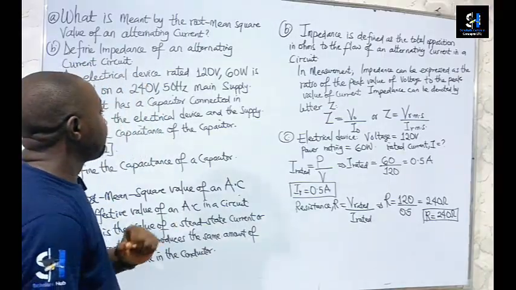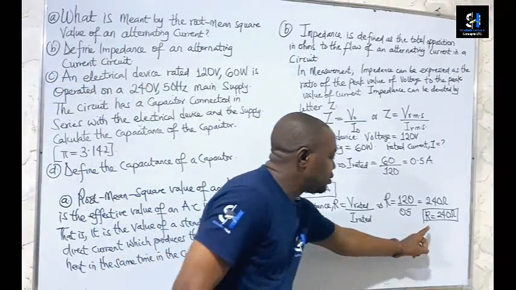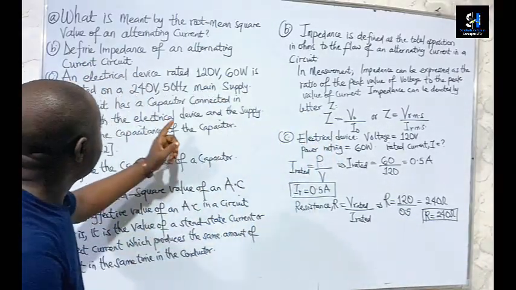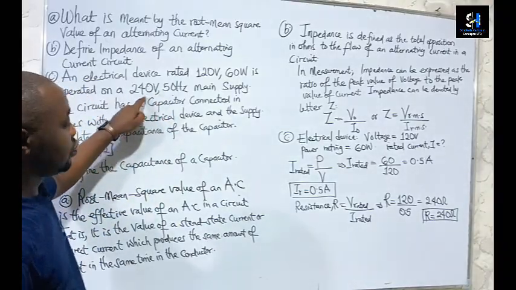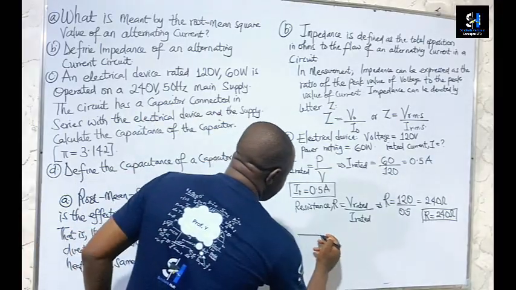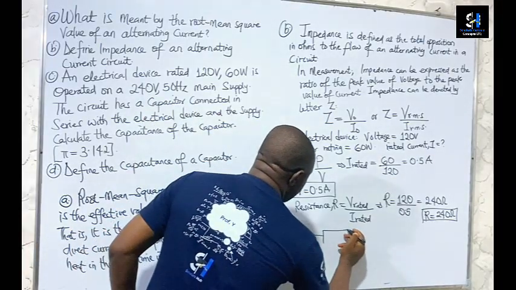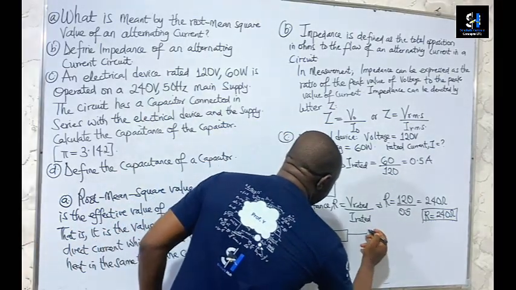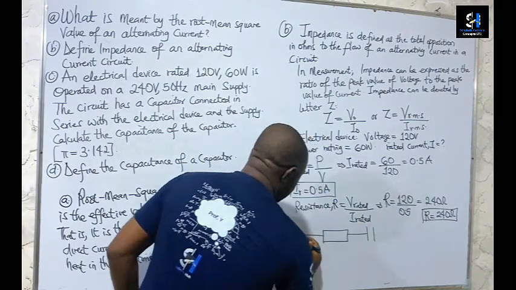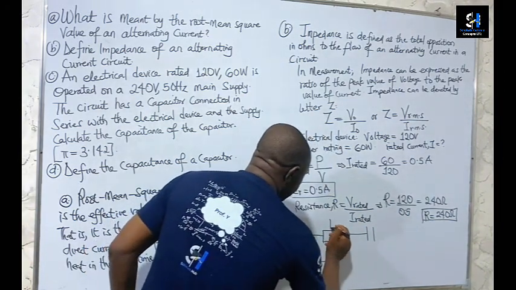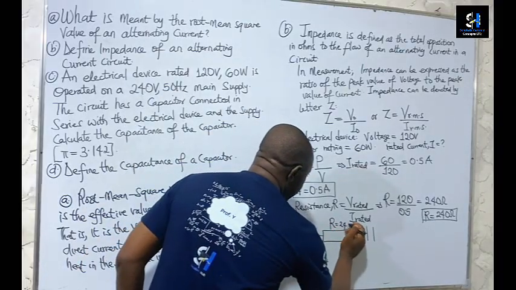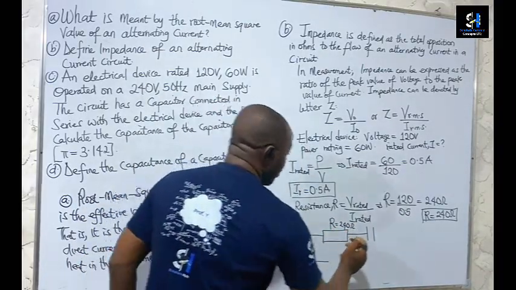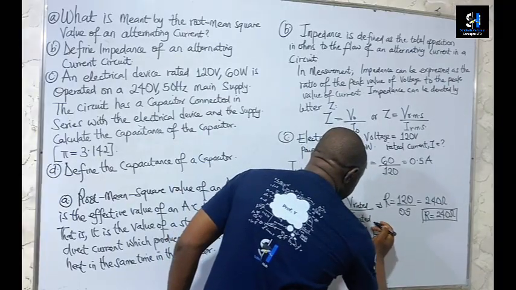Nice. Now, we just calculated the resistance, and we are given the supply voltage. So we have a circuit containing a series connection between a resistor having a resistance of 240 ohms and a capacitor.